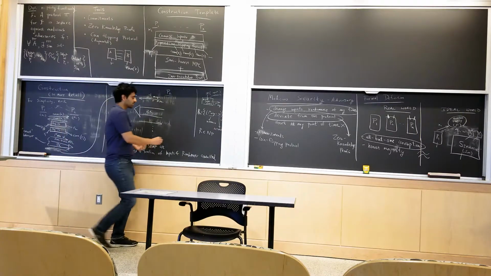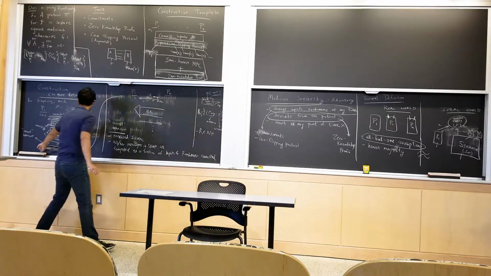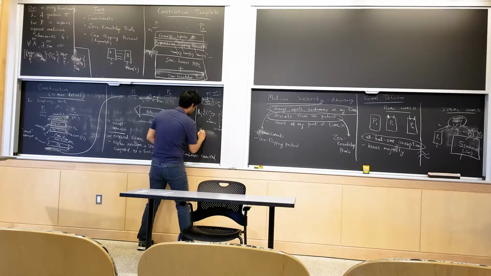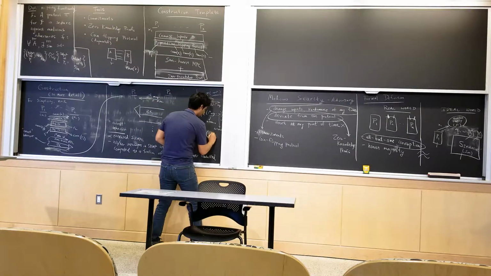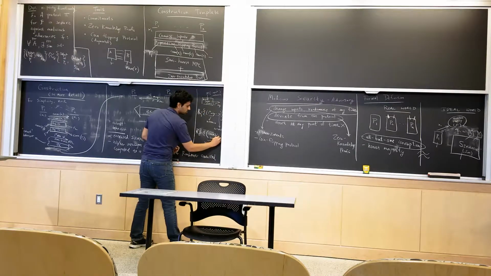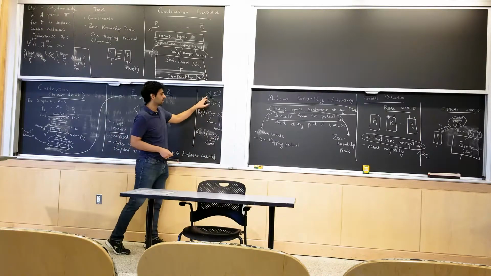So there's another relation, which, let me call this R1, and this one R2, which corresponds to the commitment of X, comma R. This corresponds to the instance. And what is the witness? Just X1 and R.